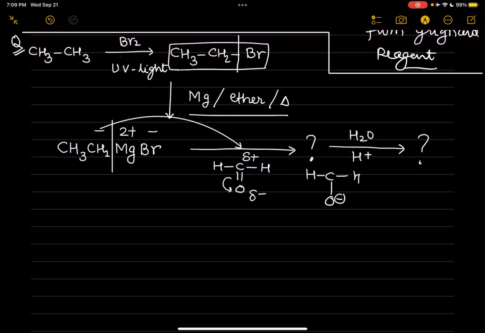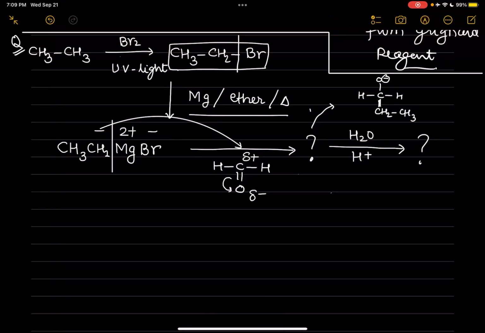So this structure is going to be H and O minus, and this is what I will write at the top. Anushka, what should I write at the bottom? This carbon, what should I write here? CH2CH3, right?